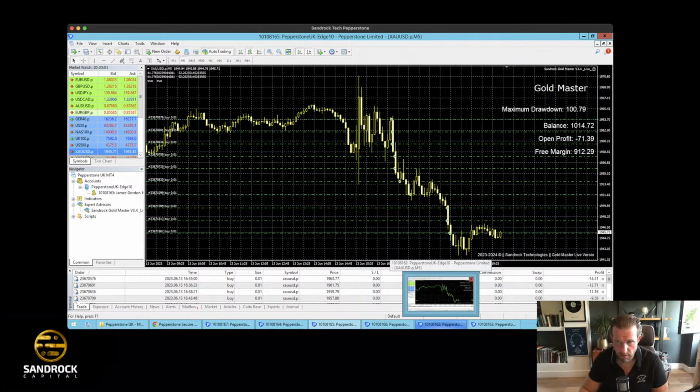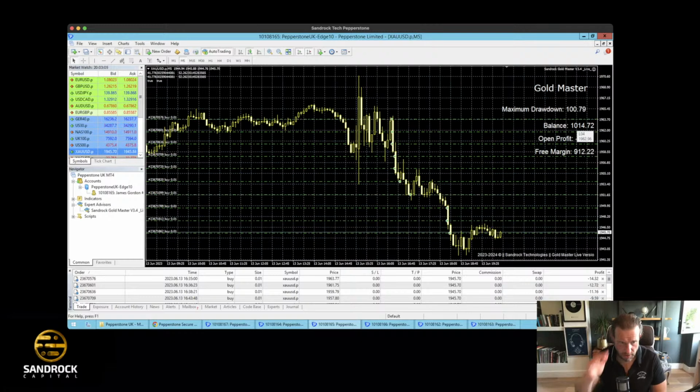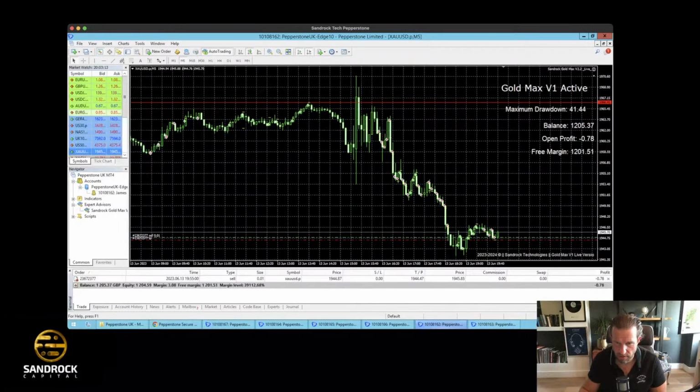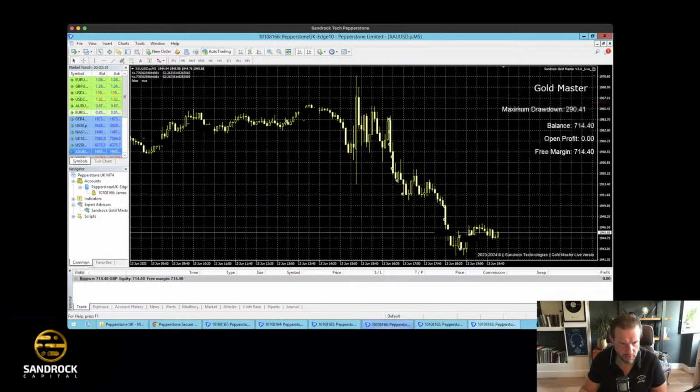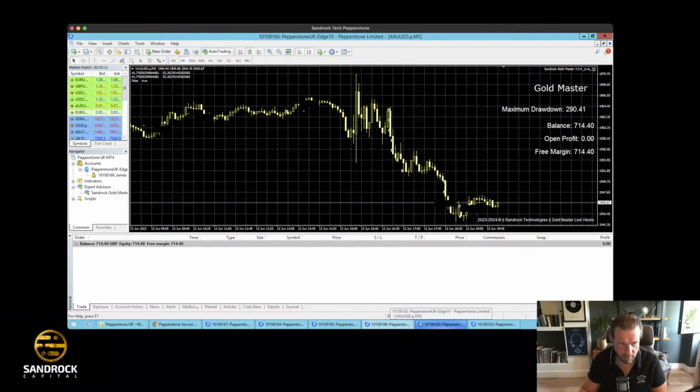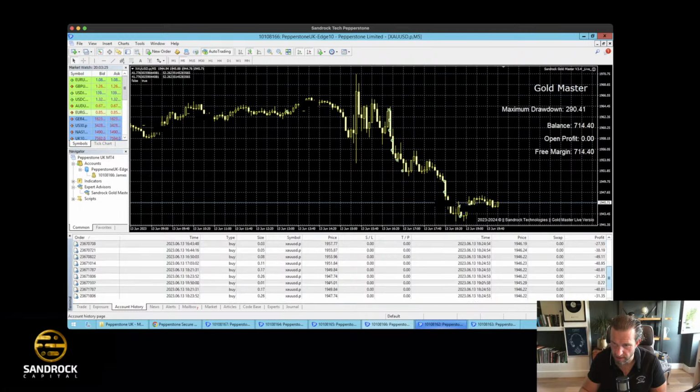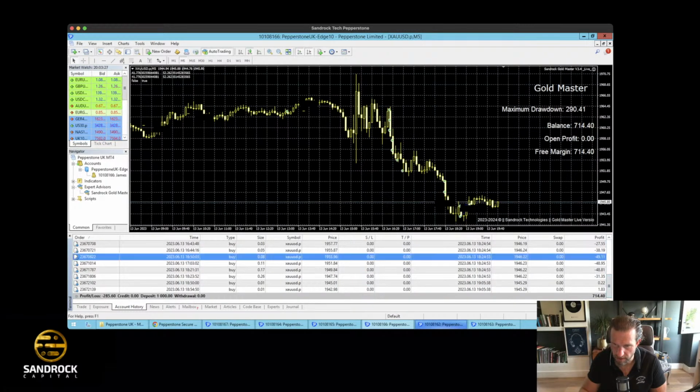So the master is currently in a drawdown, £71. It's only £1,000. What I'm going to do is top these accounts up to 5,000 each, I think, because of what's just happened on one of these bots. So there you go, 714. I expect that's obviously made a loss because my equity protector has been hit.